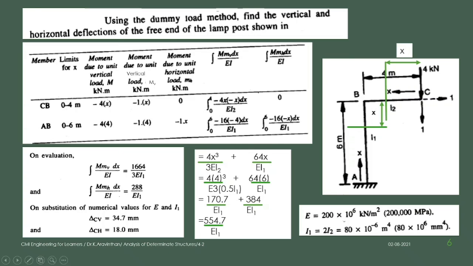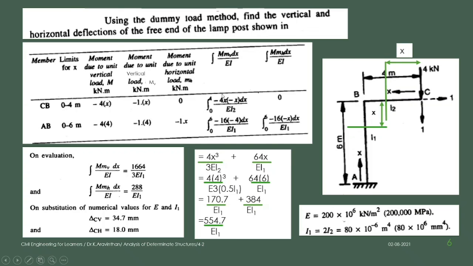At the element AB, capital M is 4 into 4, that is 16, and small m is 1 into x, that is x. So you can add these two elements in order to find the horizontal deflection. When you want to find the vertical deflection, you have to multiply x into x, which will be x square, and if you integrate x square dx, you will be getting x cube divided by 3.